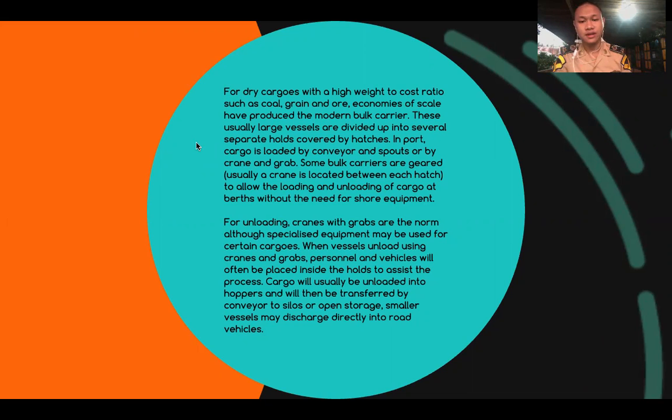When vessels unload using cranes and grab, personnel and vehicles will often be placed inside the hold to assist the process. Cargo will usually be unloaded into hoppers and will then be transferred by conveyor to silos or open storage. Smaller vessels may discharge directly into road vehicles.